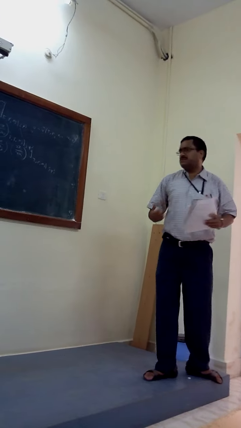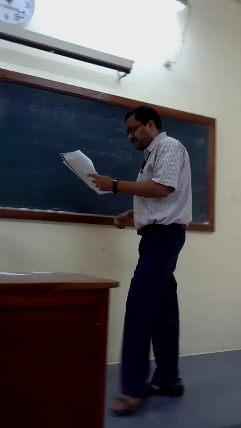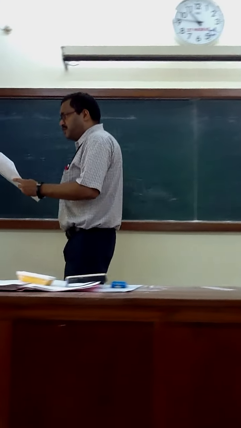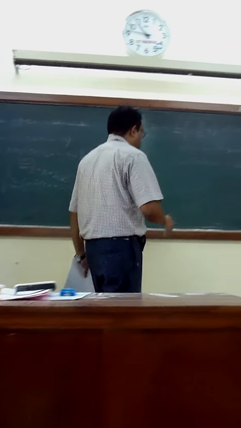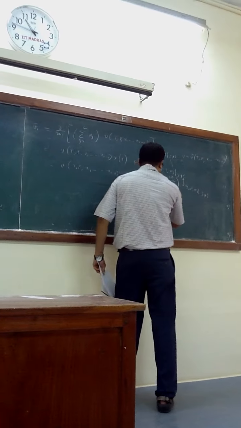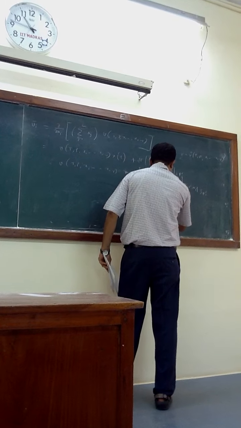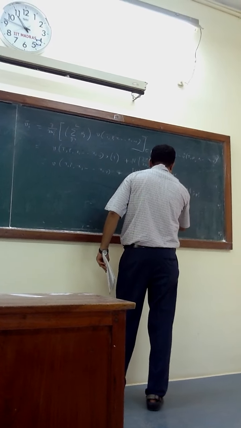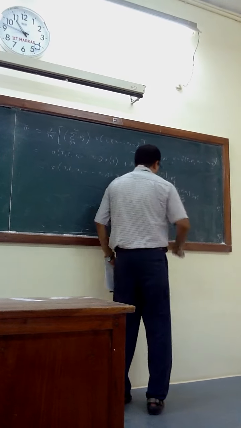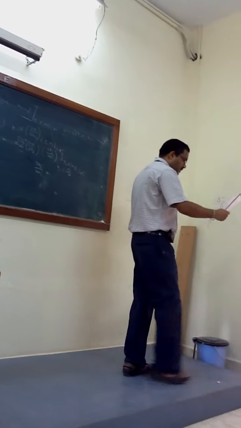When you talk about ∂x_j/∂n_i, of course your n is variable, right? What is x_j? n_j by n. Proceed with ∂x_j/∂n_i.